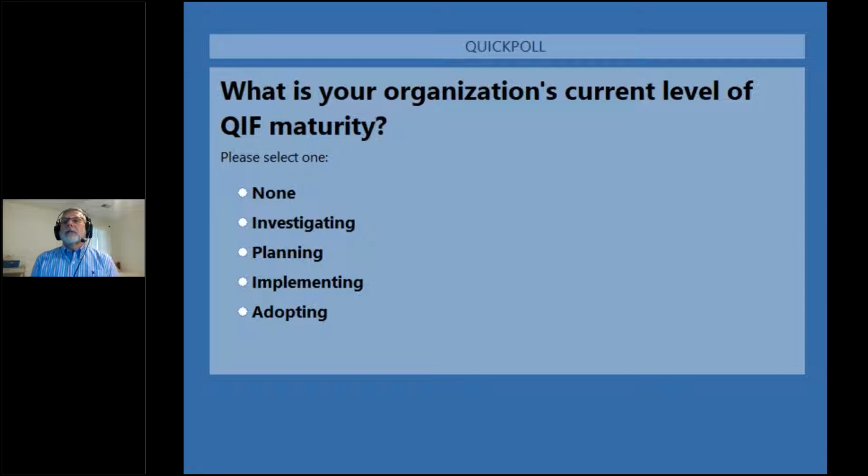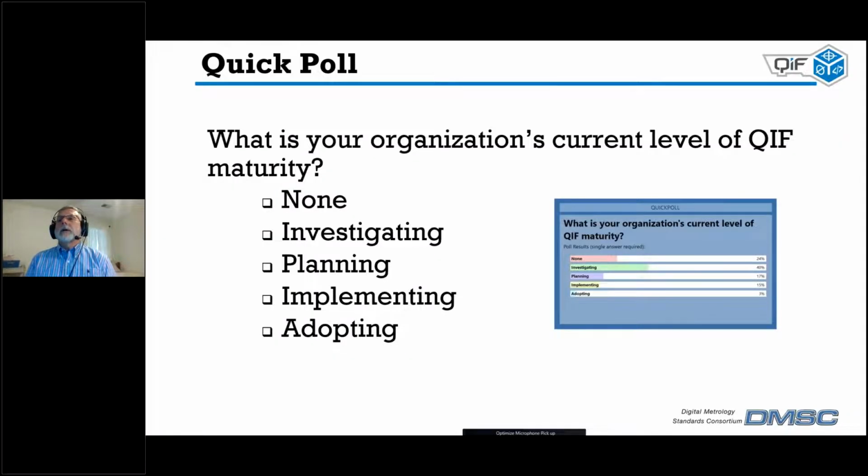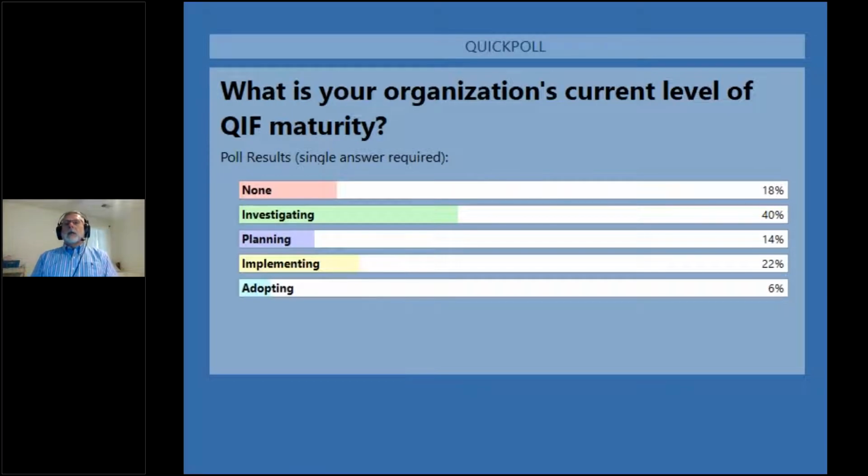So I'm getting 70% of the vote in so far after 30 seconds. I have 80% of the vote in. All right, well, it looks like we got the votes in. I will close the poll. I will share the results.